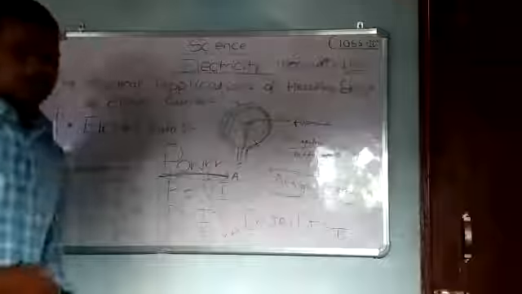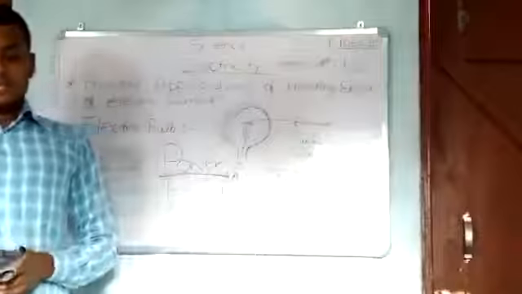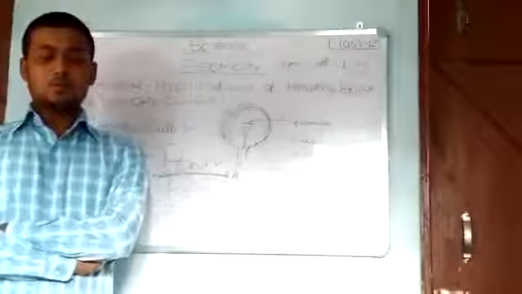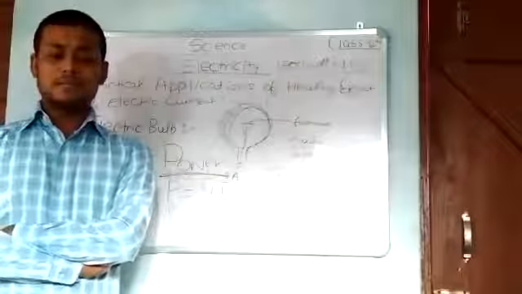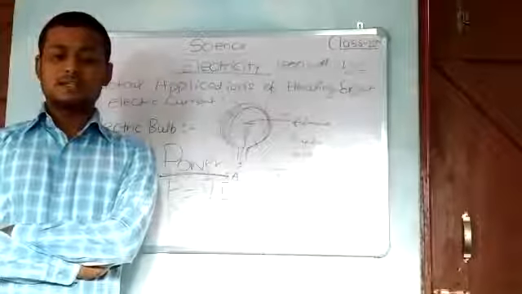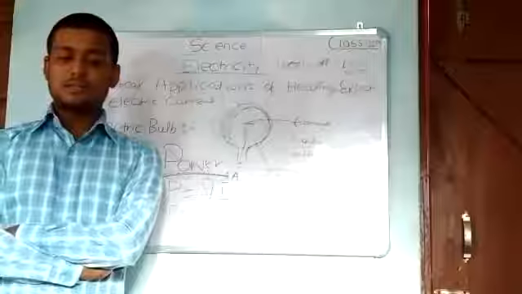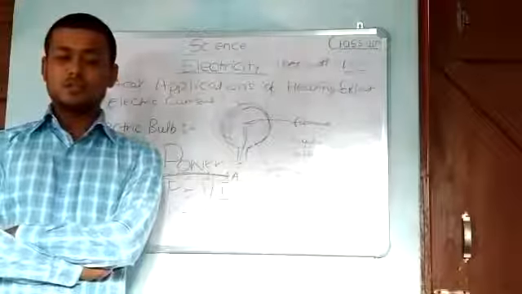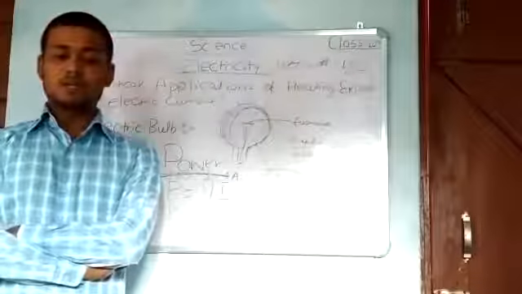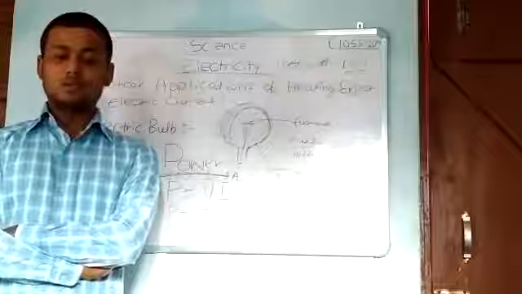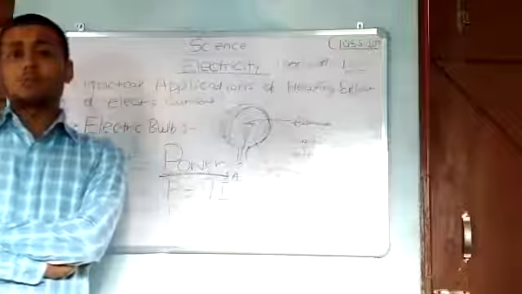Okay, 1 kilowatt. Next one is, since electrical energy is the product of power and time, the unit of electrical energy is watt hour. 1 watt hour is the energy consumed when 1 watt of power is used for 1 hour. Now we talk about energy.